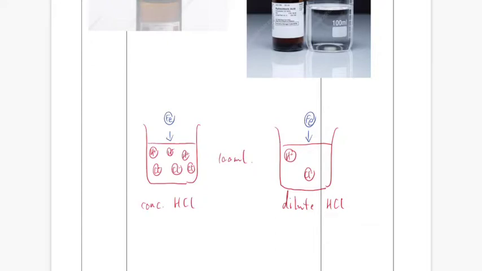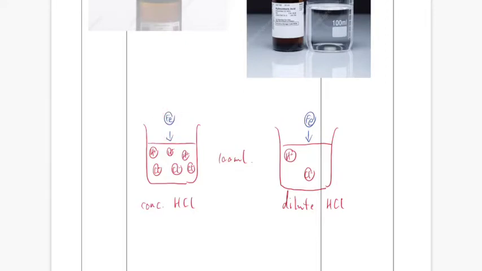In the dilute one, just as a representation, we only have one hydrogen ion that will be able to react with the Fe. And since those ions, remember in grade 7 you learned those particles are moving all the time, it actually takes some time for the hydrogen ion to move to the Fe particle, then they will have the reaction.